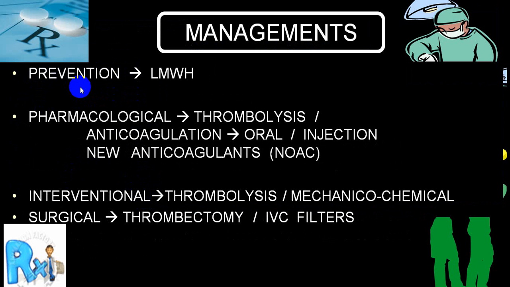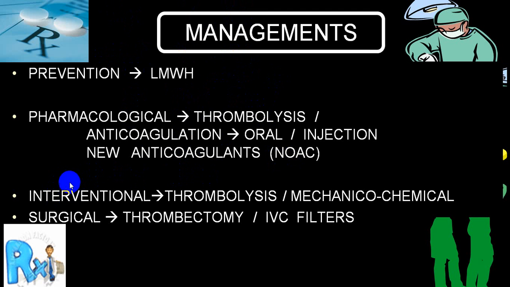As far as prevention is concerned, you can use low molecular weight heparin. Pharmacological therapy in deep vein thrombosis: you can go for thrombolysis by using thrombolytic drugs. For prevention, you can go for anticoagulation, which can be oral or injectable, or you can use the newer anticoagulants we call NOAC.